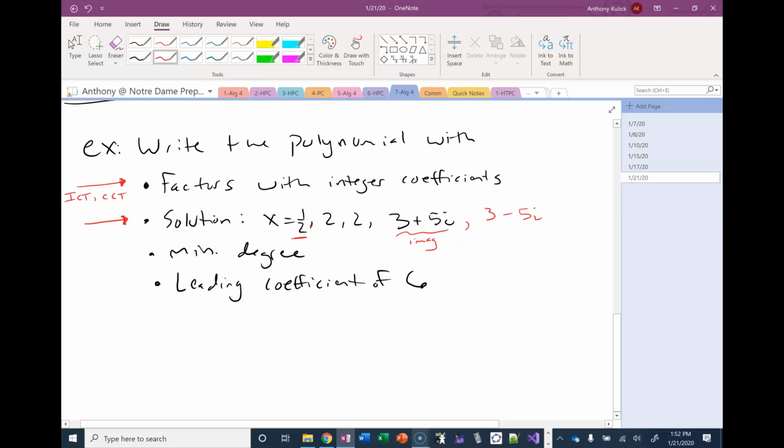What factor is the solution 1/2 going to give us? X minus 1/2. What factor will x equals 2 give us? X minus 2. And because there's 2 of them, I'm just going to write x minus 2 squared.